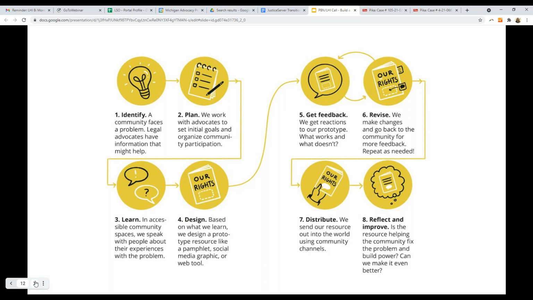As we get feedback, we can do a lot of iteration before we actually release that final project and distribute it. And even after it's distributed, we can always reflect and improve to make sure we are continuously updating our resources to make sure they are usable and accessible.